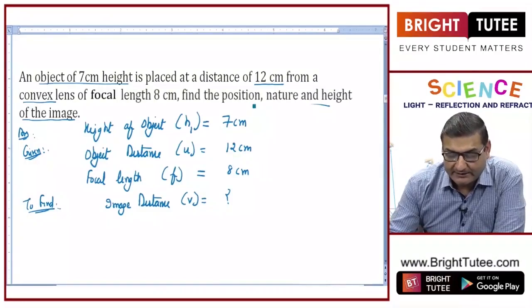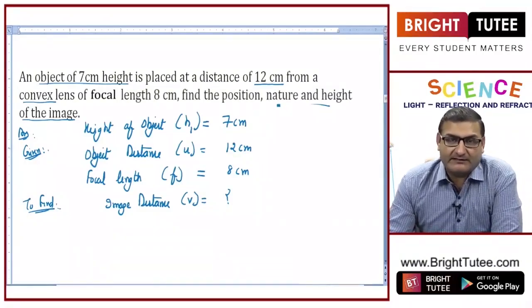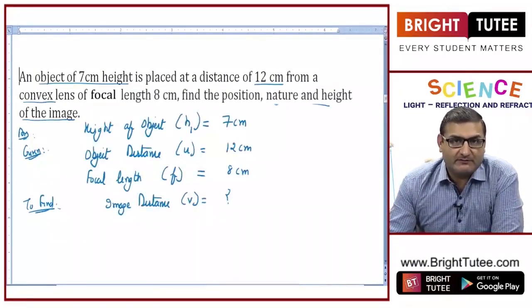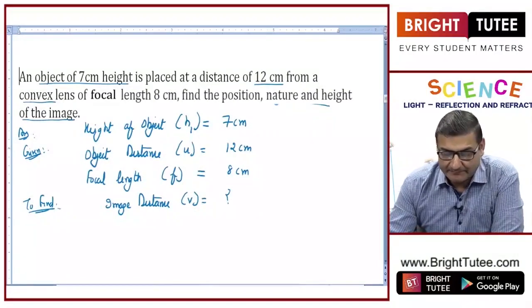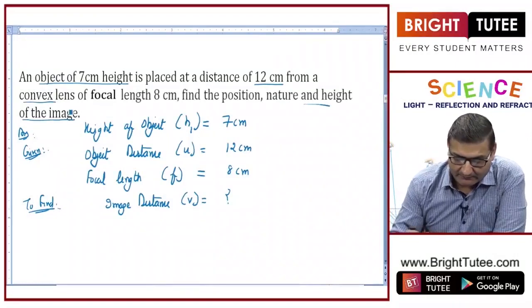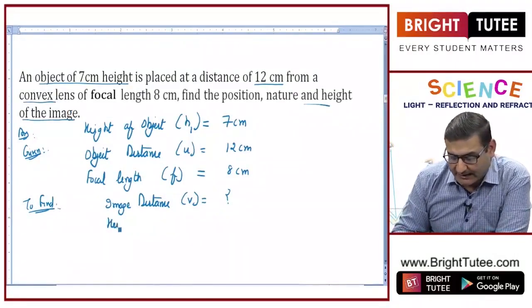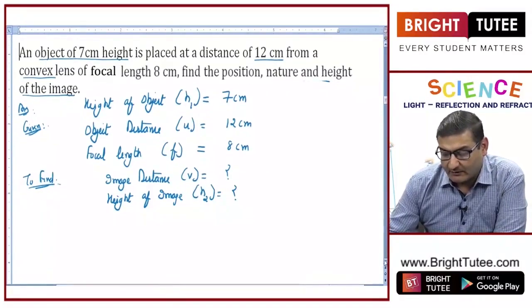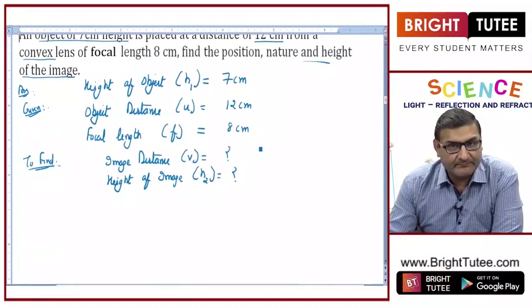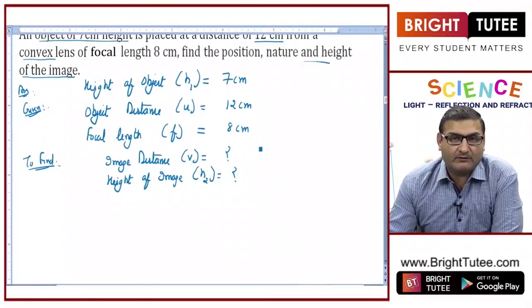In nature we will be checking whether it is a real image or a virtual image, and whether it is an erect image or inverted image. And the height of the image is to be calculated, represented by h2. Now, this is what we do by initially writing down all the things that are given and what are to be calculated.